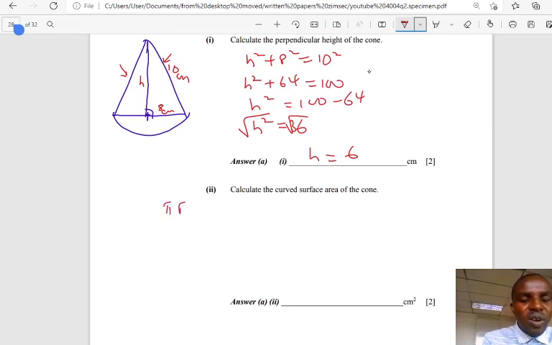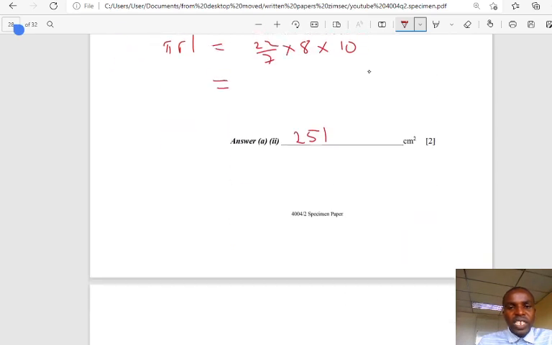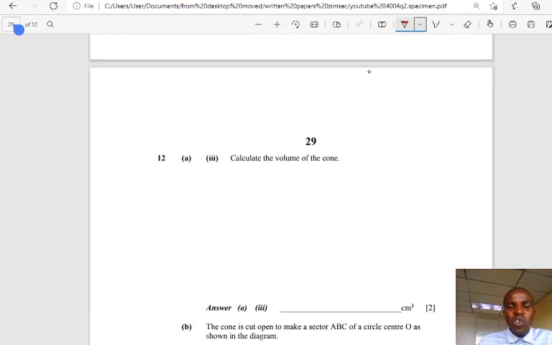So it's pi r L, which is equal to 22 over 7 times radius 8 times slant height 10, which is equal to 22 times 8 times 10 divided by 7. You get 251, to 3 significant figures. Then done.